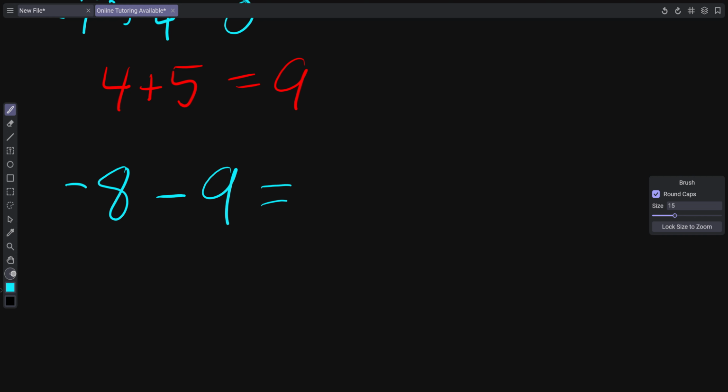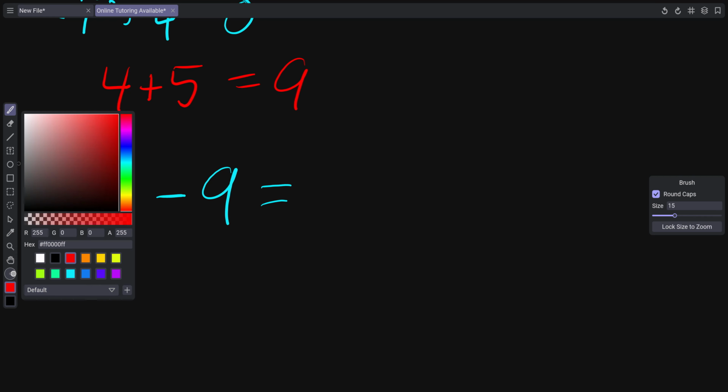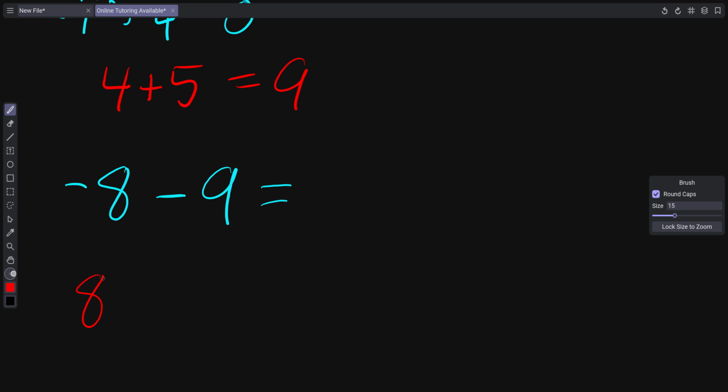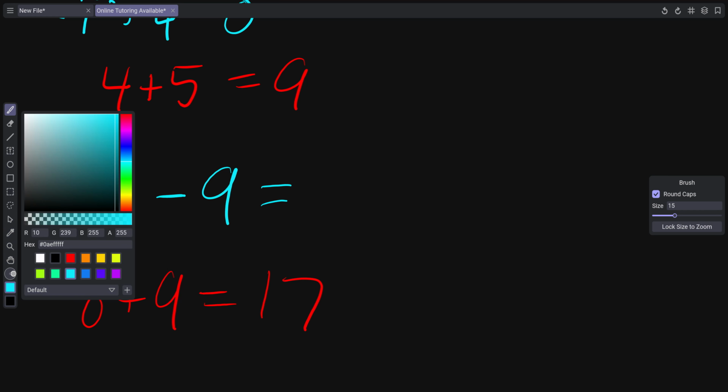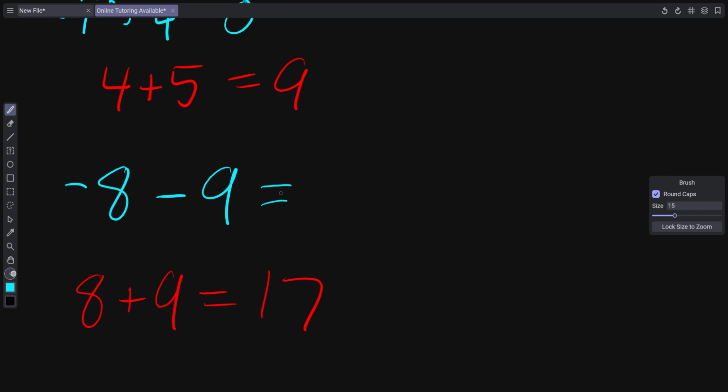So we treat it like 8 plus 9, and 8 plus 9 gives us 17. But because we have a negative number and we're subtracting from it, we're going to wind up with a lower negative number, but it might seem larger without the negative. And that number would be negative 17.